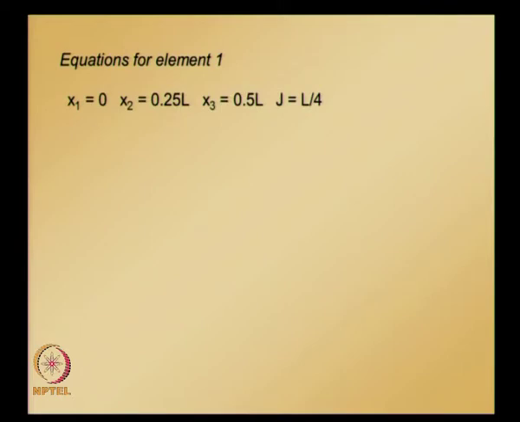Noting down the coordinates of the 3 nodes, the length of this element is L over 2, and once we have these coordinates x1, x2, x3, we can easily calculate the Jacobian J. You can see here the Jacobian for this nodal spacing and for this 3 node element is L over 4, which is a constant.